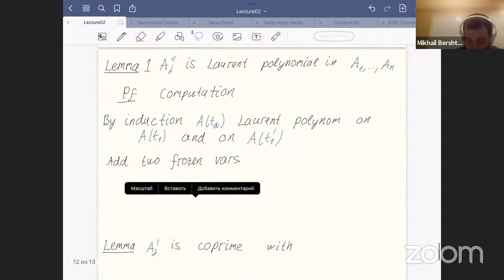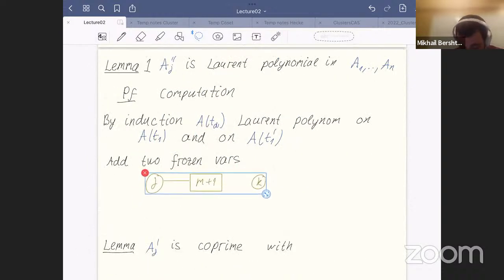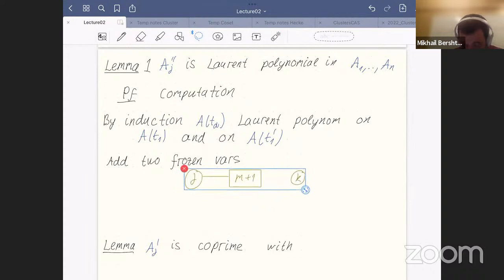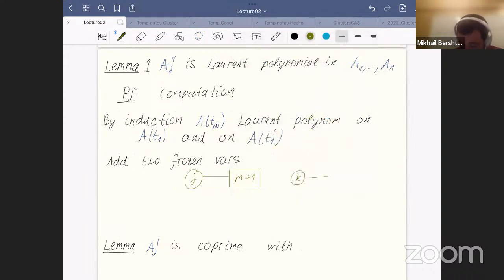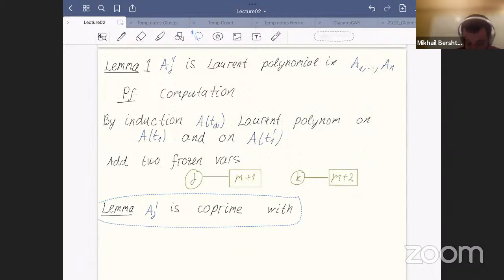We add one more connected to K. Then we have number n plus 2. And after that, the following lemma holds.